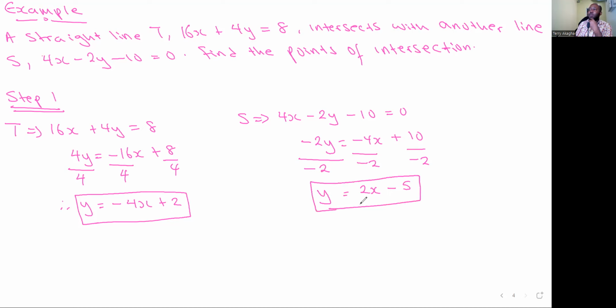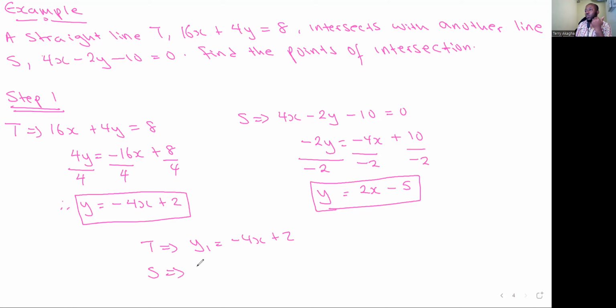Are you seeing it? So let's put it this way to make it make sense. Line T, which is the y1, is equal to minus 4x plus 2. The y1 means the first line.